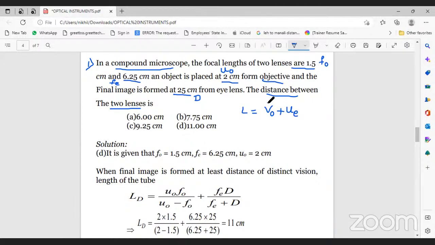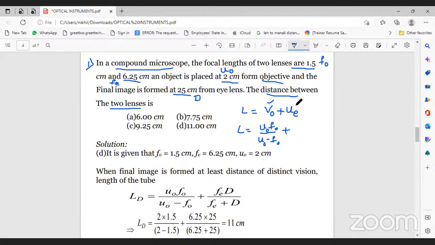What is the image distance formula for the lens? By using the lens formula, can you replace V naught? It is object distance into focal length divided by object distance minus focal length. This is for the objective lens.